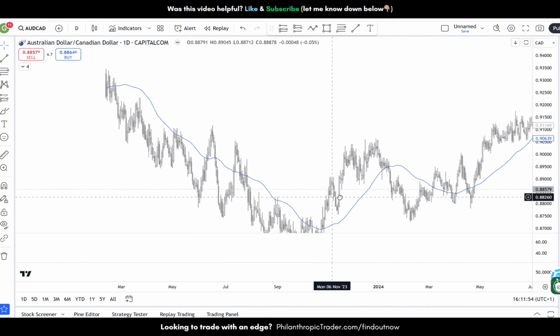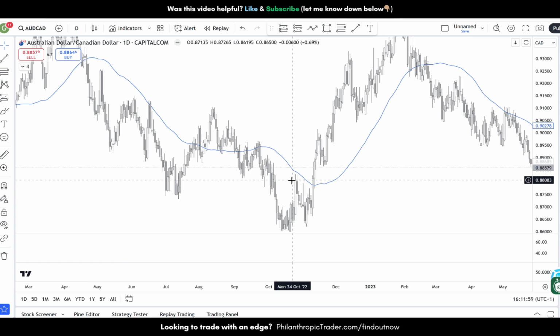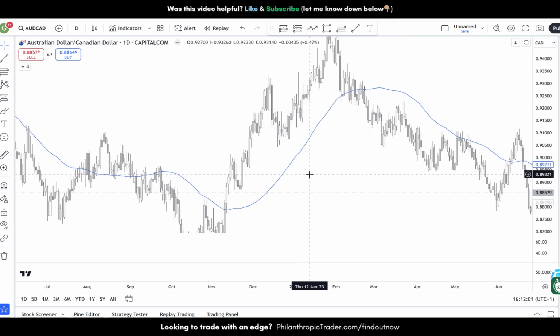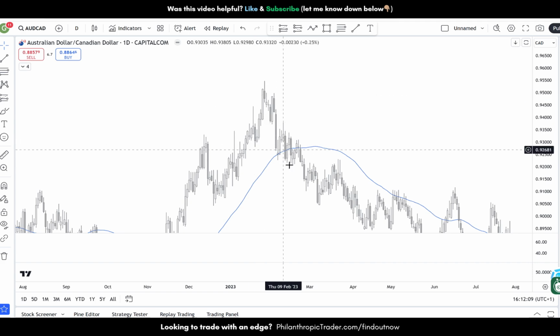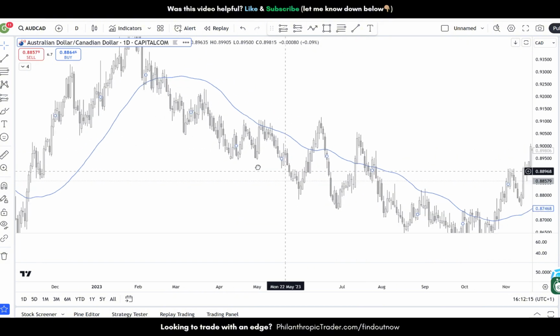So we see that if price is above the 50 simple moving average, the market is in an uptrend. So over here, price is above the 50 level, we see price goes to the upside. But as soon as it crosses the 50 level, we see that price goes to the downside, right?